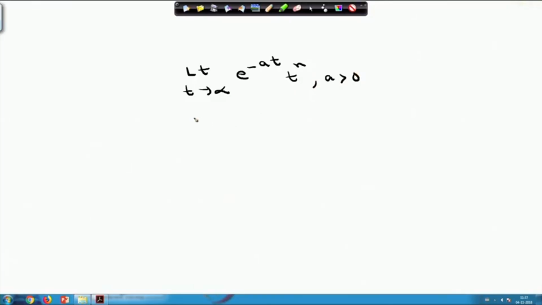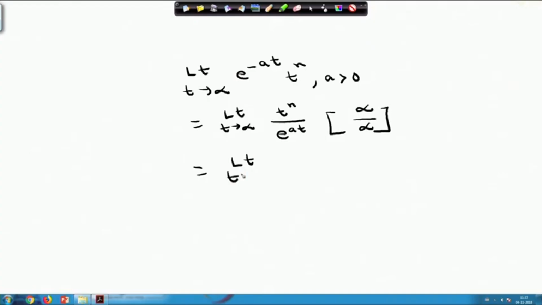You can write this as the limit of t^n by e^(at), which is in the form infinity by infinity. To evaluate this limit, you can use L'Hospital's rule n times. Then we obtain the limit as t approaches infinity of n factorial by a^n into e^(at).